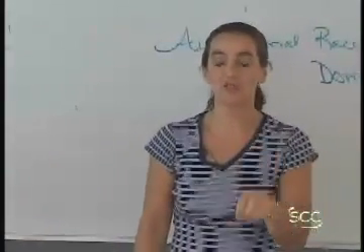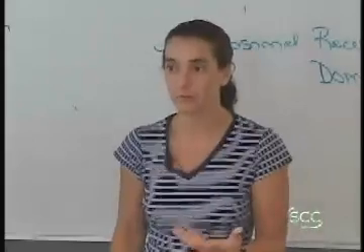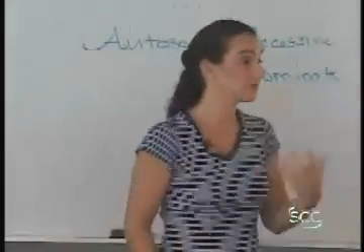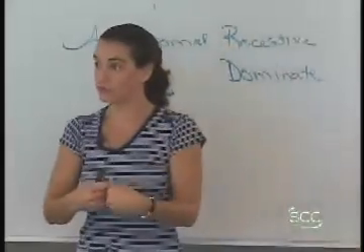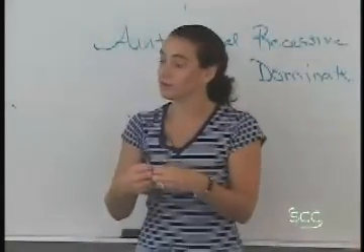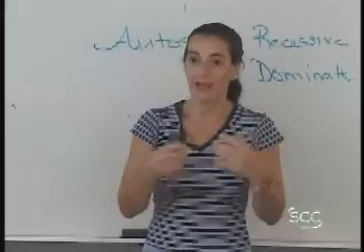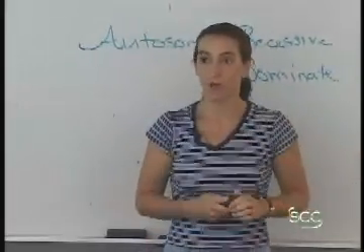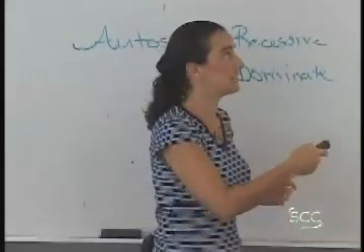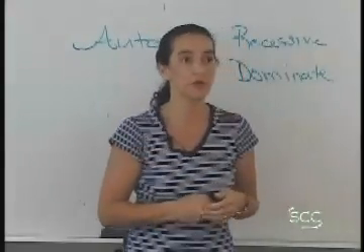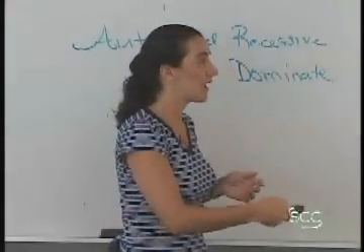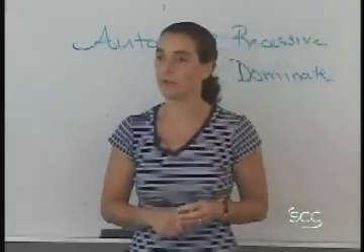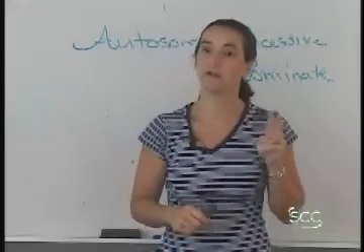A carrier does not express the gene, does not express the trait, because that dominant allele completely overshadows it. And by that dominant allele overshadowing it, you don't know it's there unless there's a family history. But 2 heterozygote parents, 2 carrier parents, have a 25% chance of having a child with that affected allele, meaning 2 recessive alleles.